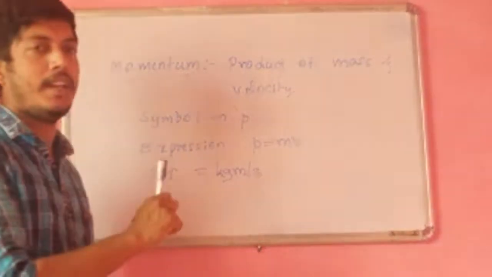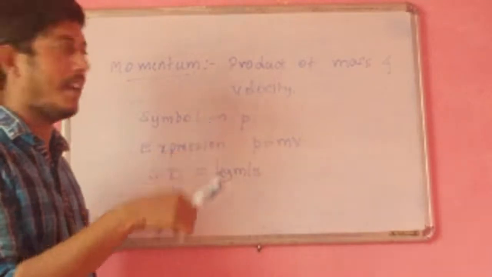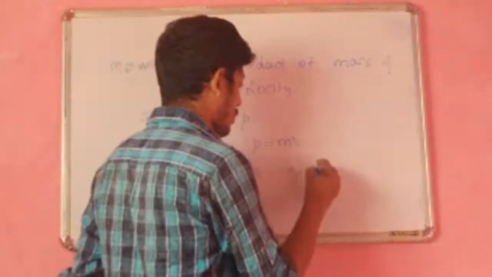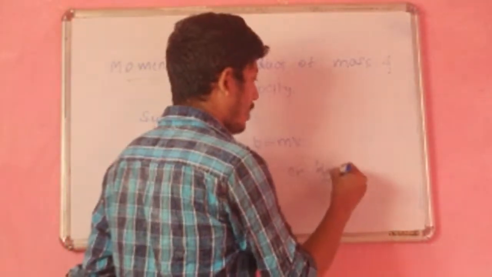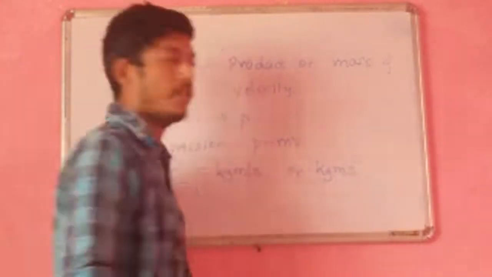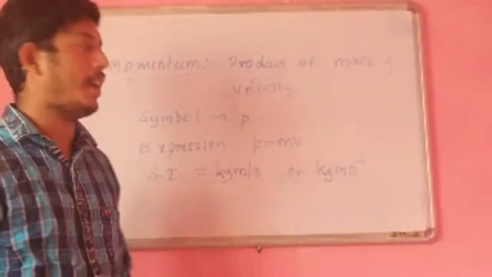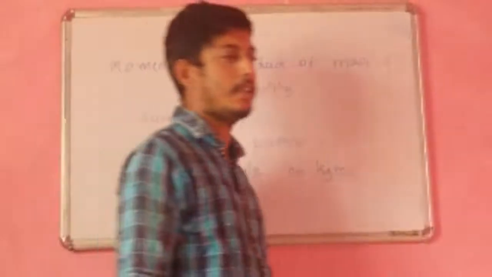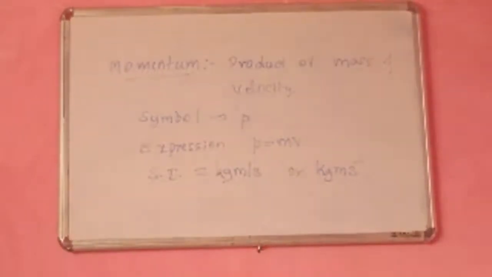All in small letters: kg m per s, or we can write kg m s raised to minus 1. We can write either expression as the SI unit. Either kg meter per second, or kg m s raised to minus 1.